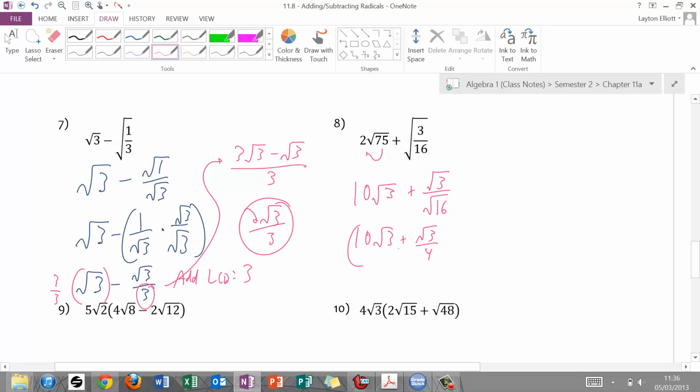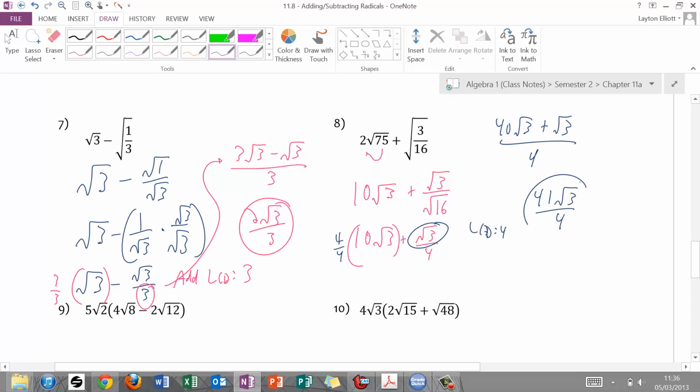So I'm going to multiply this first one by a 4 over 4 with an LCD of 4. Remember, I'm writing my LCD. To make that, then that would be 40 radical 3 plus this radical 3 all over 4. 40 plus 1 is 41, so that's 41 radical 3 over 4.